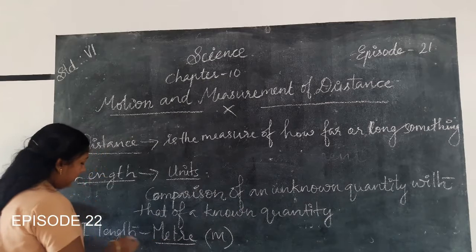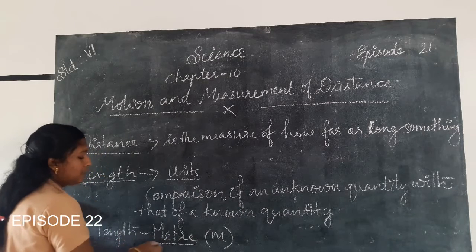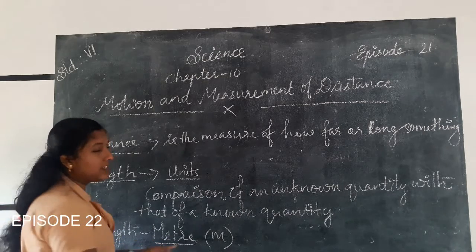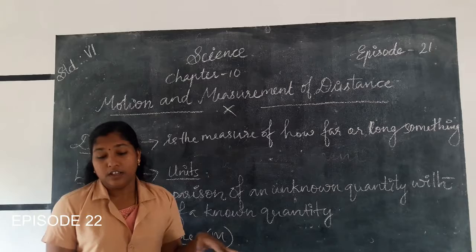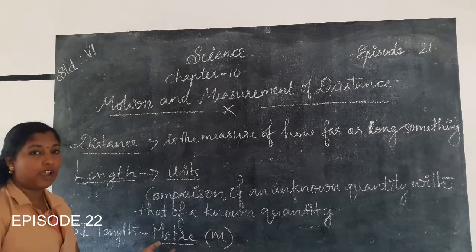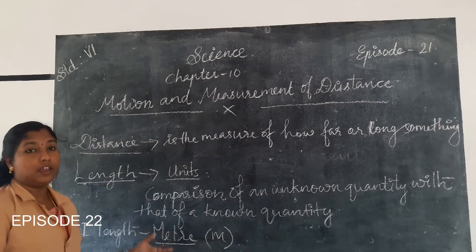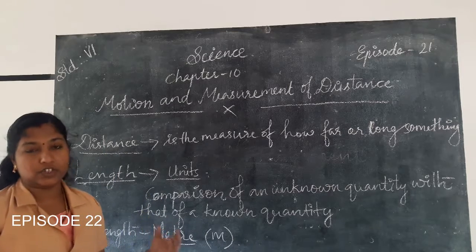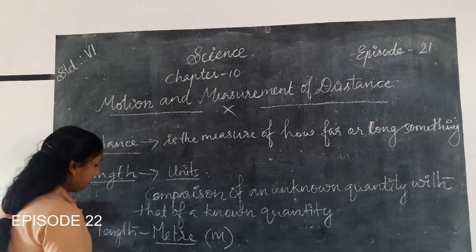We know that the SI unit of length is meter. Then each meter is divided into 100 equal divisions, called centimeter.